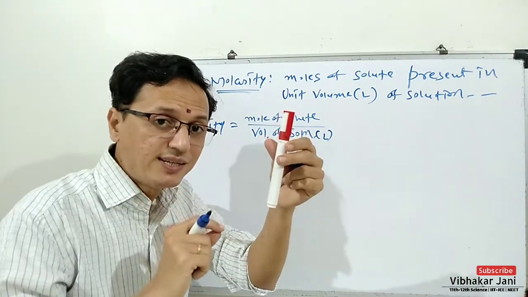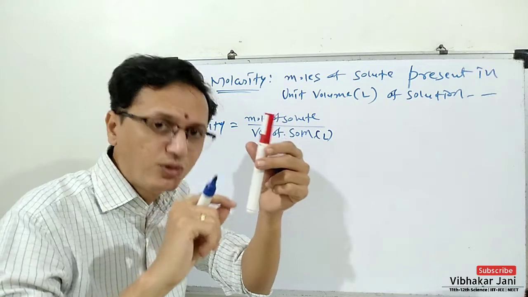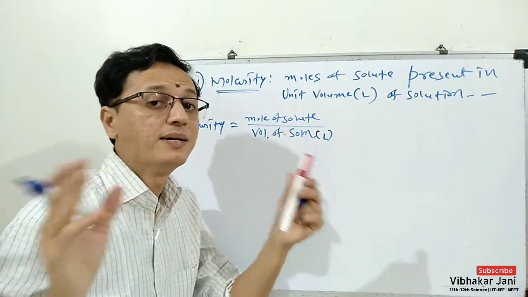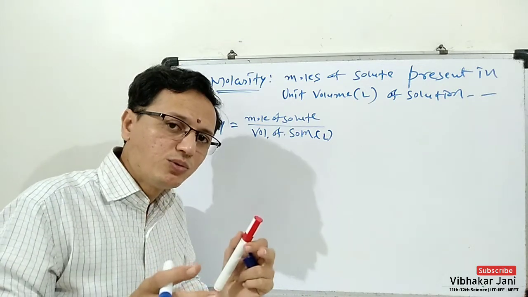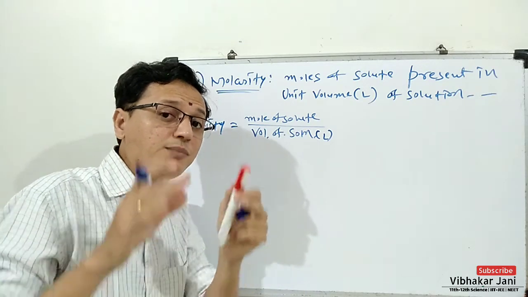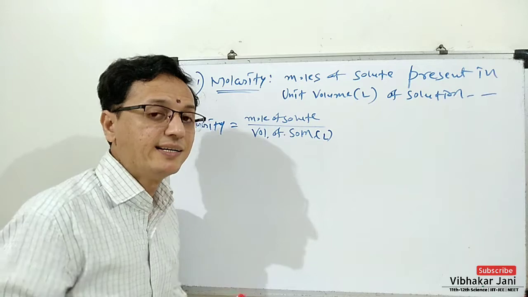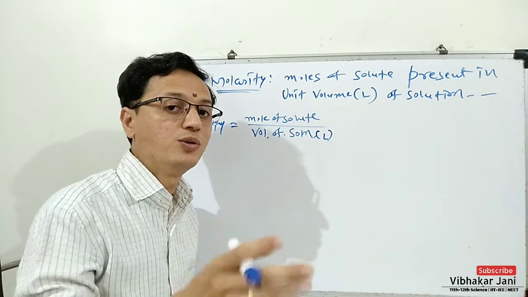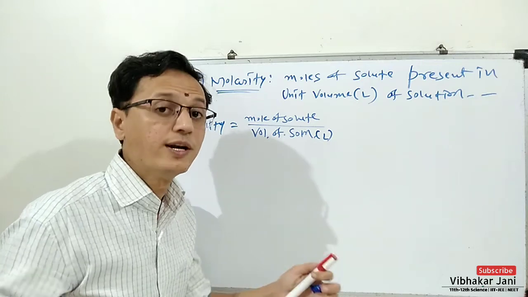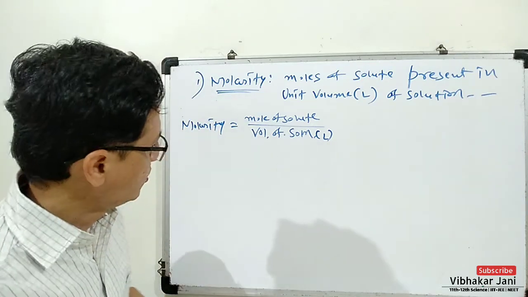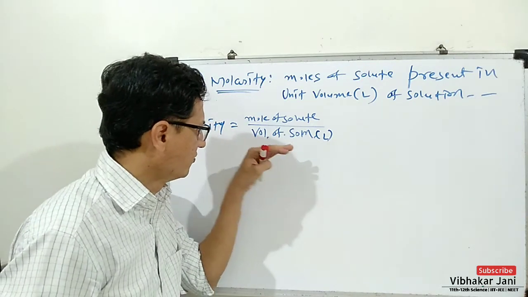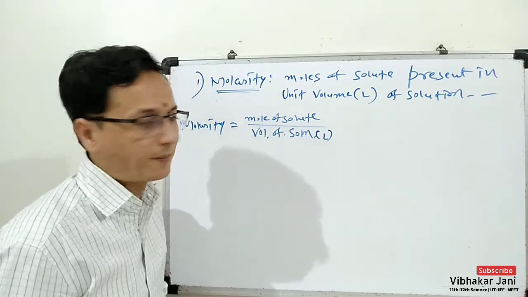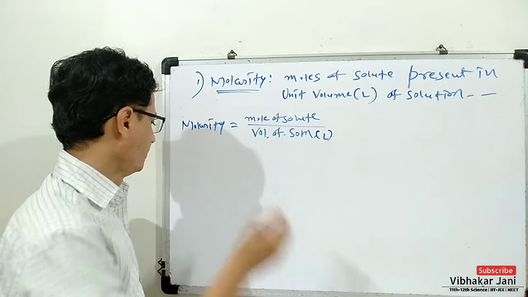And in such condition, the volume of that solution cannot be measured in liter because liter is a bigger unit. So you have to use some smaller units, and it is preferable to use milliliter as a unit of volume in case of laboratory experiment. So we have to use volume of solution in milliliter unit. So let us convert this formula.